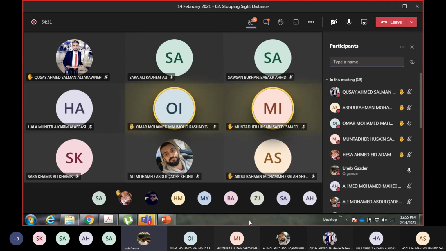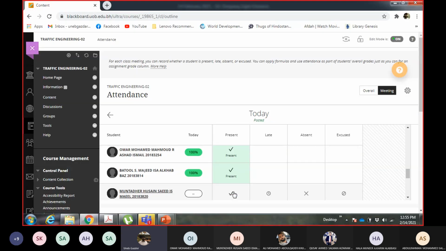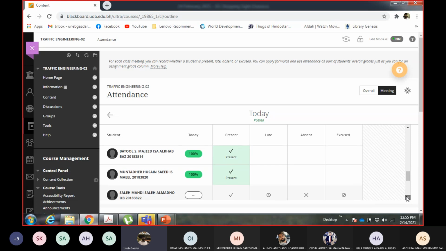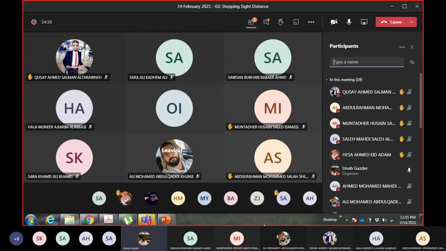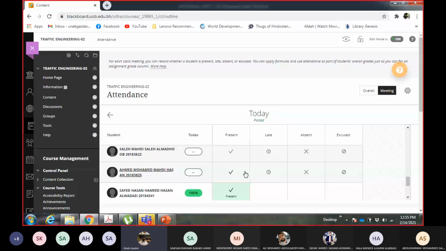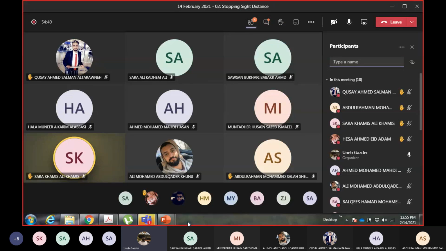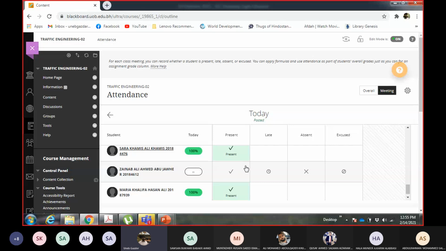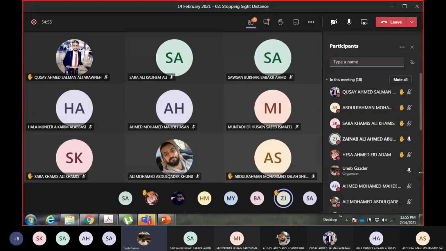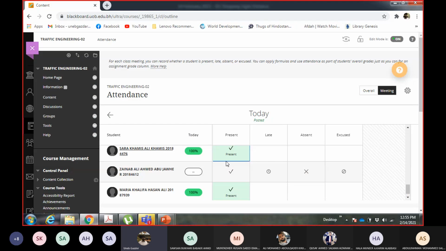Umar is here, Muntadir is here. Saleh Mahdi, Ahmad Muhammad Mahdi. Both of them are here. Sara Khamis, Zainab Ali. Sara is here. Zainab is here, okay.